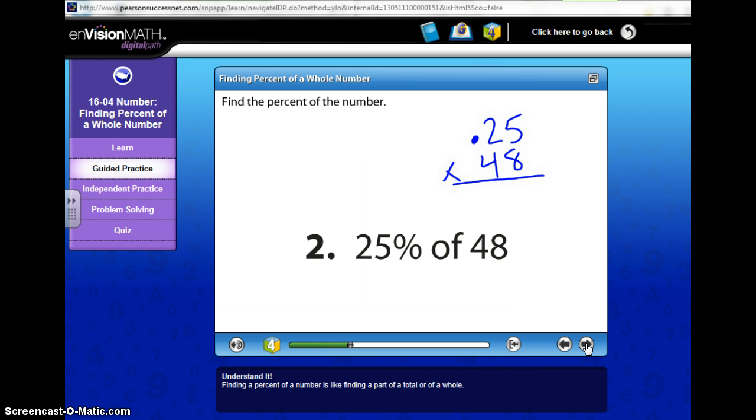Don't look at mine until you're done with yours. Don't forget your placeholder. Check yours with mine when you're done. Some of you might have forgotten this placeholder. And then when you took 4 times 5, it's 20, so there should be another 0 here.